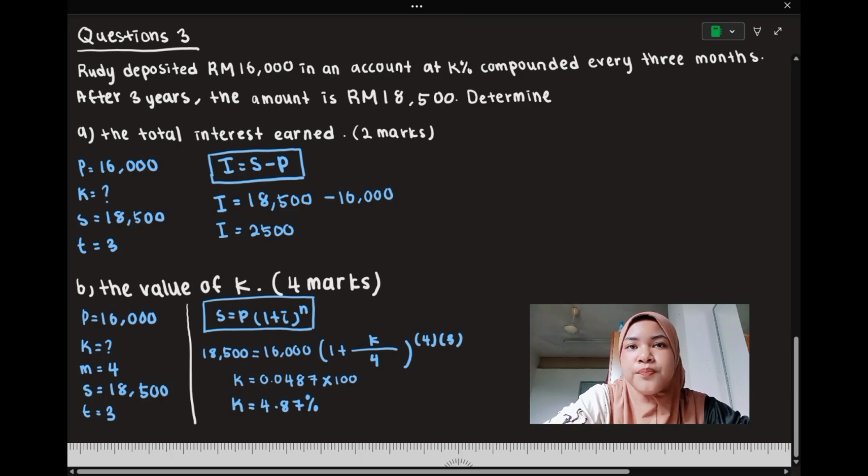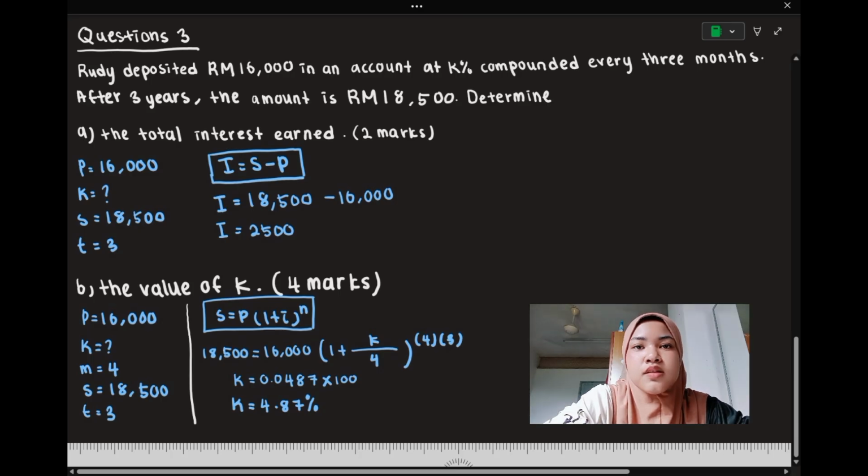For question B, find the value of K. We use the same P, which is 16,000. K is unknown. M equals 4 times. S equals 18,500. T is 3. We use the formula S equals P(1 + i)^n. We put the information into the formula: 18,500 equals 16,000(1 + K/4)^(4×3).